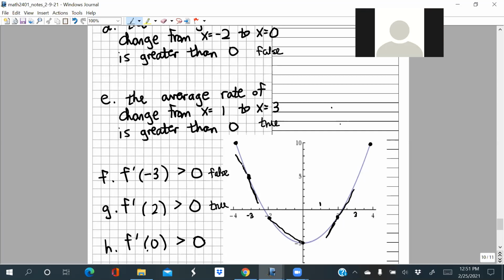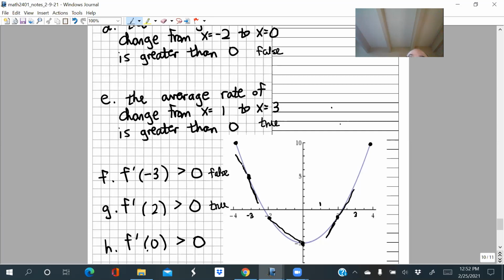So f prime of 0. There's the point that corresponds to 0. What's happening right here at 0? What kind of point do we have right there? A local min. That's right. We have a turning point here.